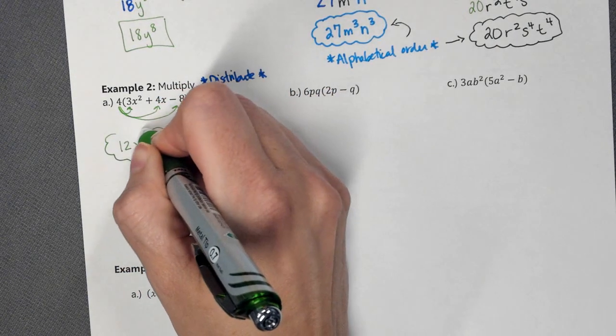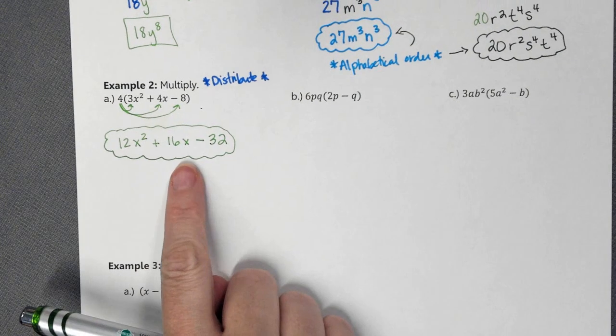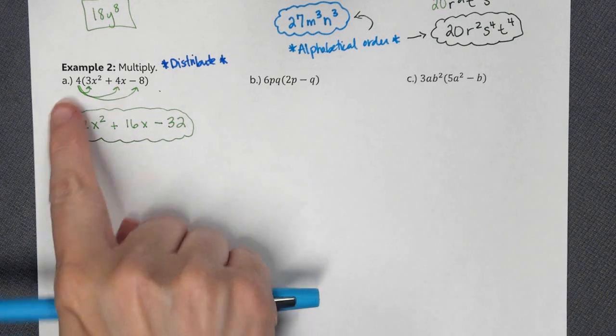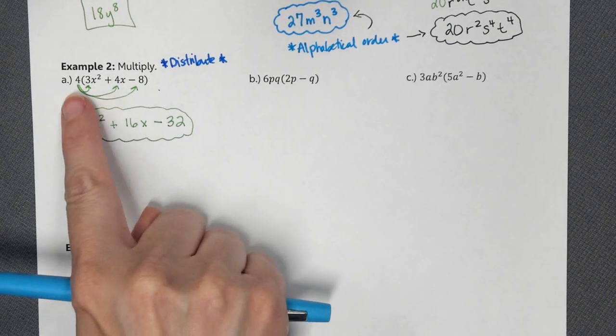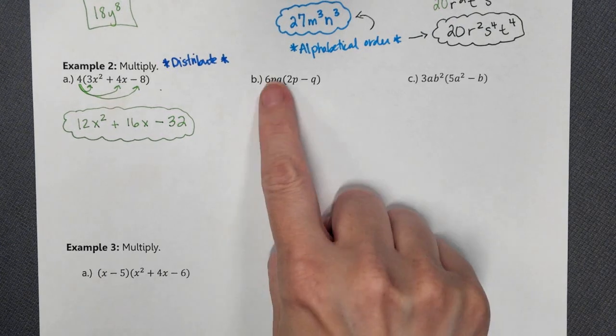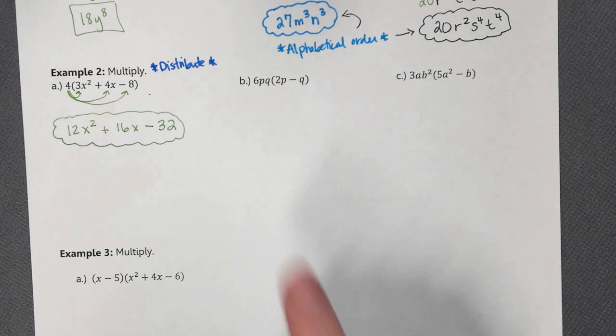You guys remember from last week what type of polynomial this is? It's a trinomial. And what type of trinomial is it? Yeah, quadratic. Great. So when you have a number, all you have to do is multiply those numbers together. But sometimes you're going to have a number times a number with variables times variables.